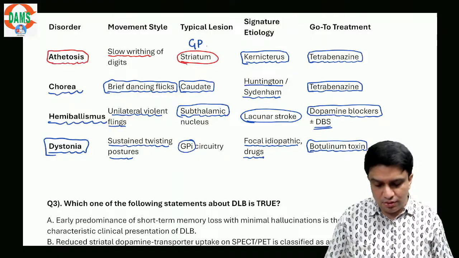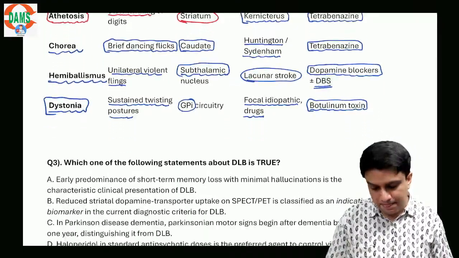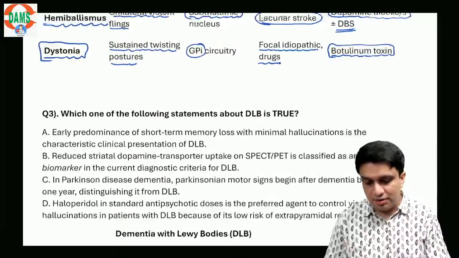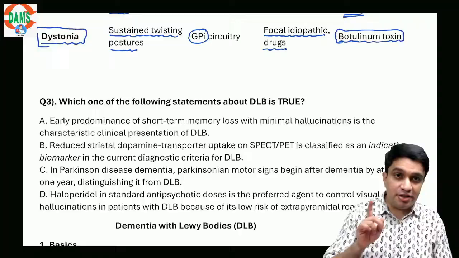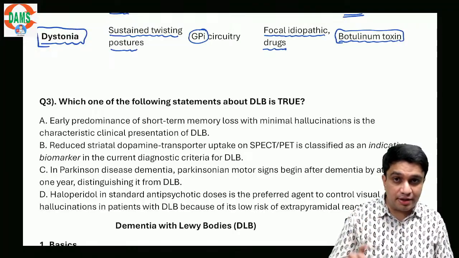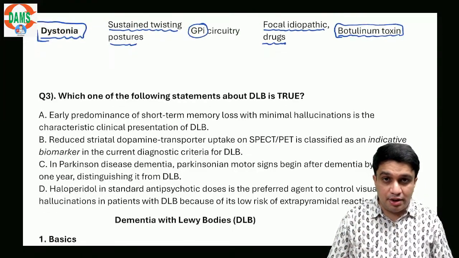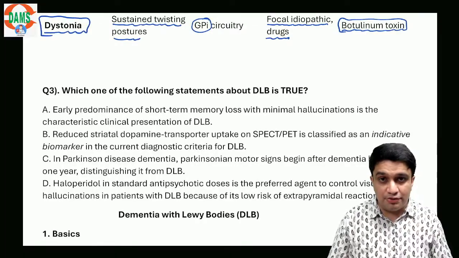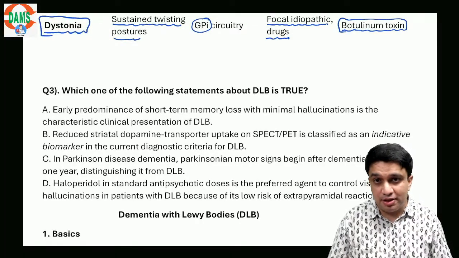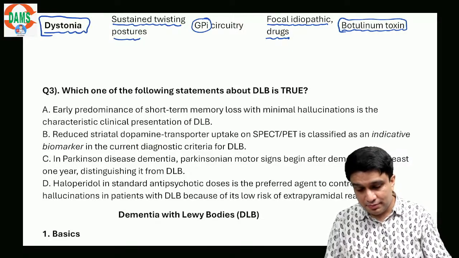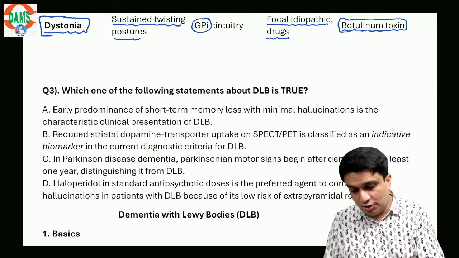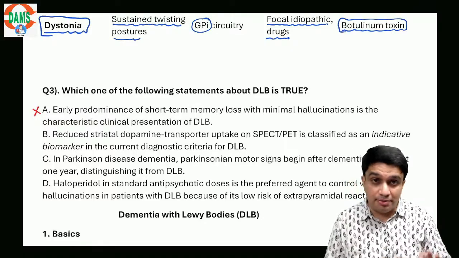Right, so an easy question, simple answer. Now let's go to DLB, dementia with Lewy bodies. Which of the following statements about DLB is correct? Early predominance of short-term memory loss with minimal hallucination is characteristic of the clinical presentation of DLB. No, not minimal hallucination, it's major.